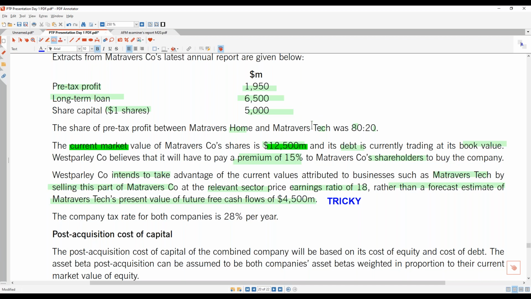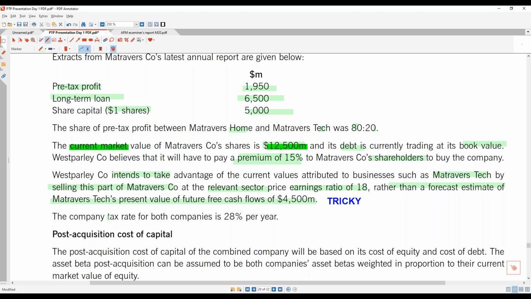West Parley has the intention to acquire the company and maybe sell one of the businesses, selling it at the P/E ratio valuation of 18 rather than, if they continue to operate it, 4500.